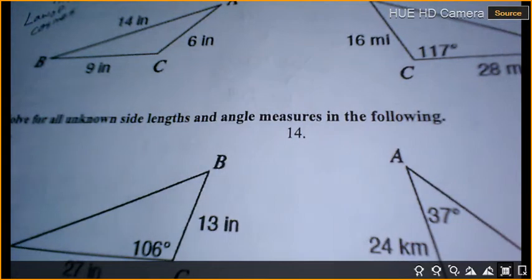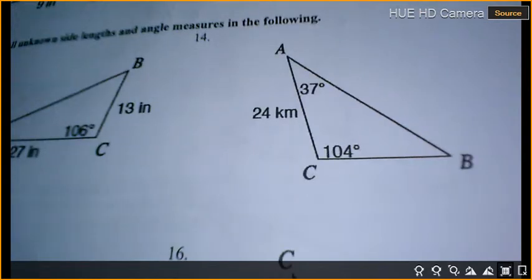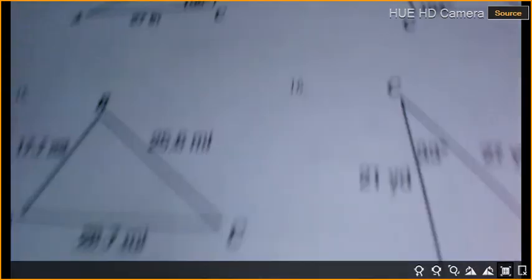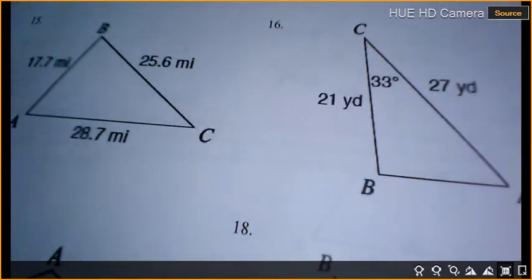Is there any of those you want me to do? Now, 14, 16, and 18, you have to find everything. You sure you want me to do 15? No, 16. Do 16? Okay. Just because 15 is not due tonight. 16 is. Because you only have the evens.